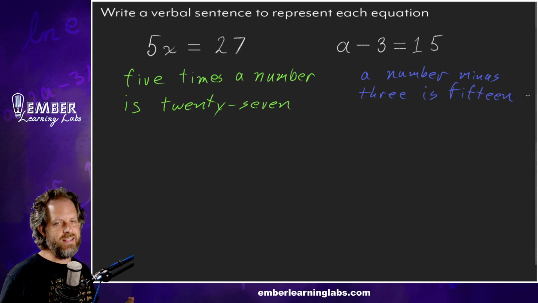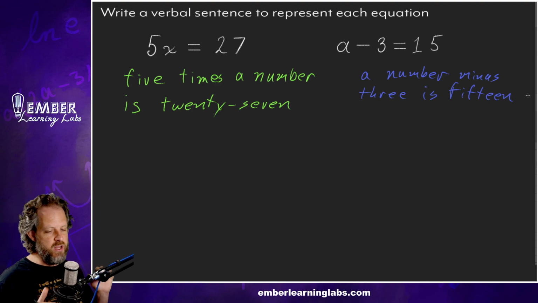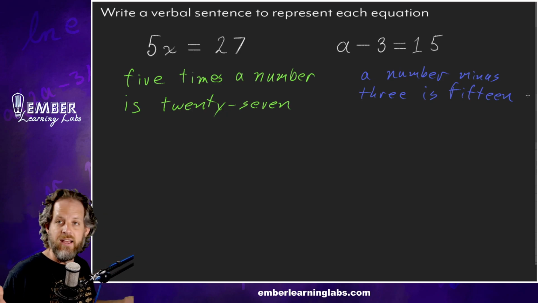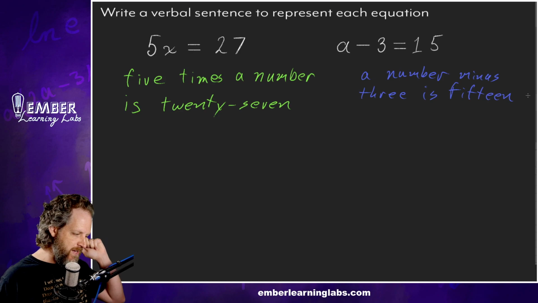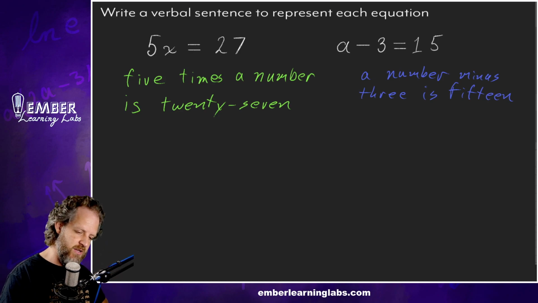Right? We could write this a whole bunch of different ways, but that is definitely one possible correct answer. That's easy peasy. You probably did that early on in an Algebra 1 class, right?